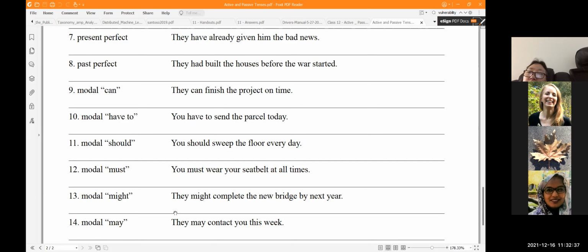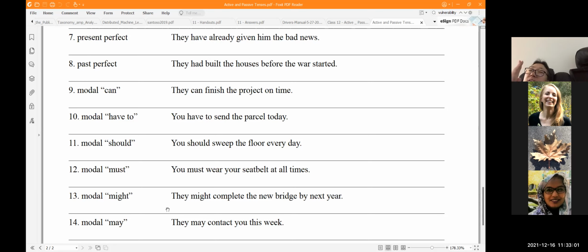Yes, all the time. Wear is an irregular verb, so it's got a weird past participle. We don't need to put an -ed, right? There's no -ed, it's irregular. It's not the same.